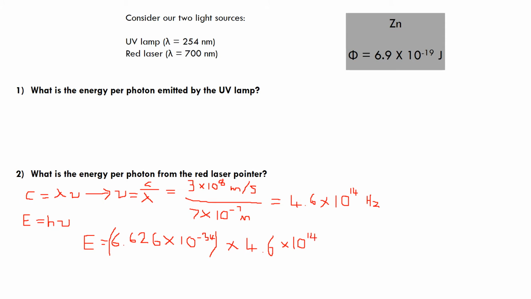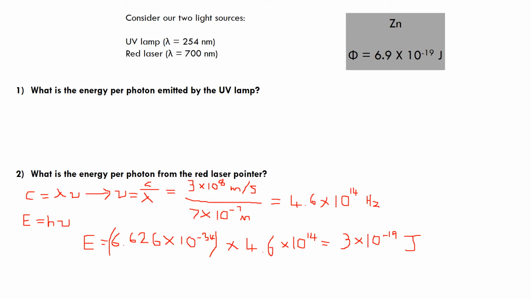It's an energy, and is equal to 3 times 10 to the minus 19 joules. So 3 times 10 to the minus 19 joules is a value in energy that is below the work function for this metal. And therefore, we would not predict, in this case, that an electron is ejected from that surface.